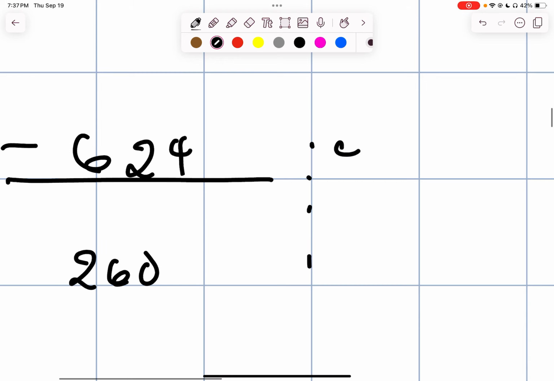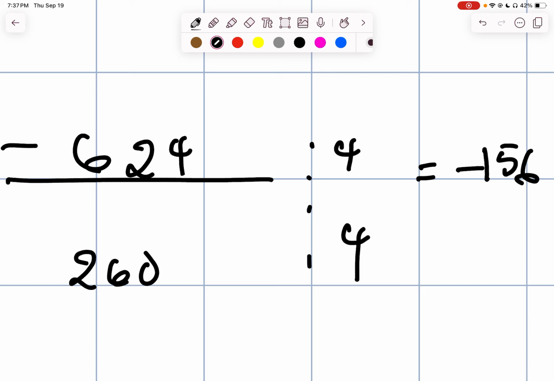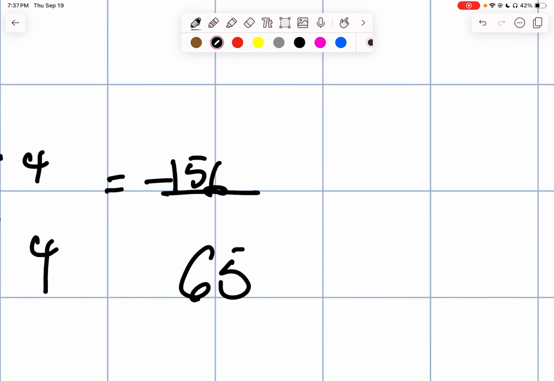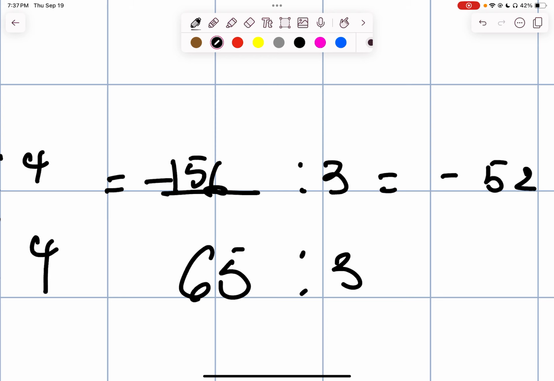All right, we're going to start with 4. 624 divided by 4 is equal to 156, with the minus, and 260 divided by 4 is equal to 65. Then 156 divided by 3 is 52, but 65 divided by 3 gives a decimal number, so 3 is not a good number. Let me try 2, not a good number either. 5 is a good number for the bottom.